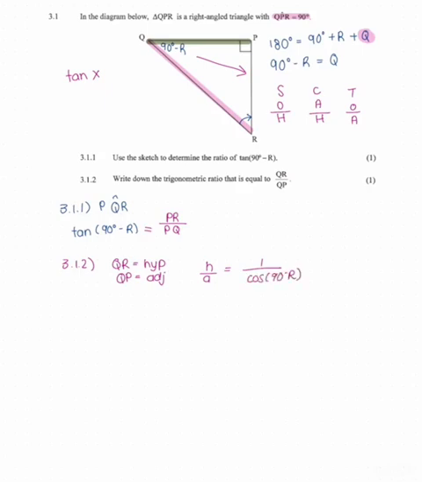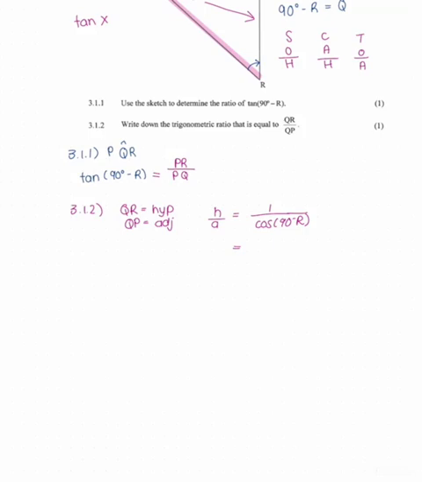Therefore, the inverse of cos, thus your final answer is then going to be sec of 90 degrees minus R. Okay, and then that would be the trigonometric ratio that it comes in. That is your H over your A, which is then sec.